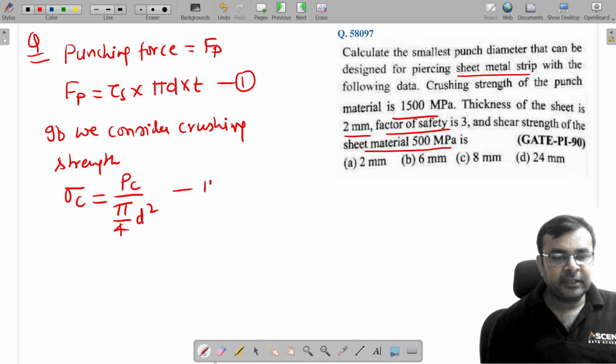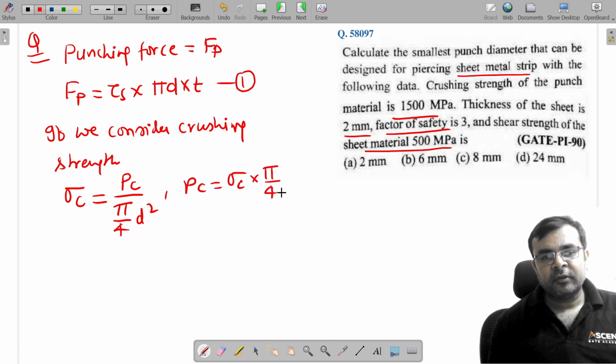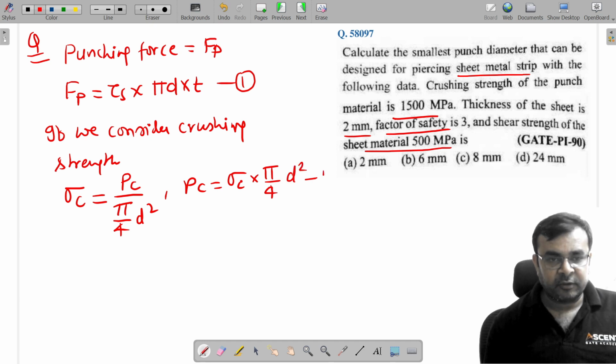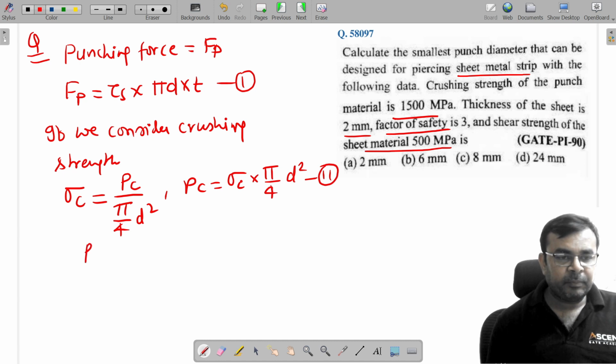And let me see, this expression can also be written as PC is equal to sigma C into pi by 4 d square, and this crushing load remains same as the punching force actually required. Correct? So PC is equal to FP.